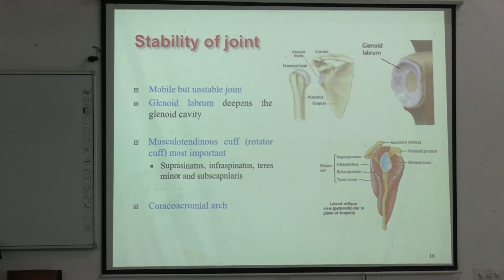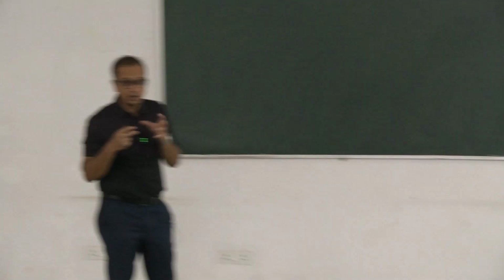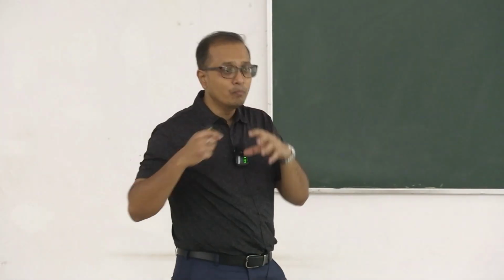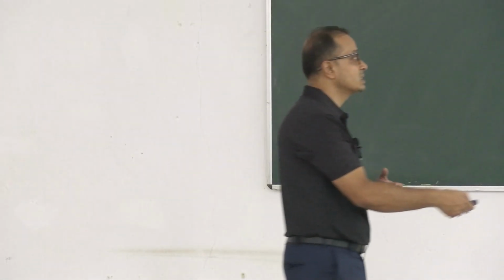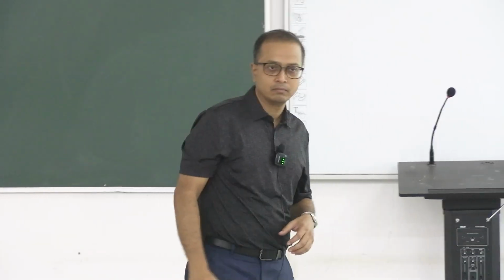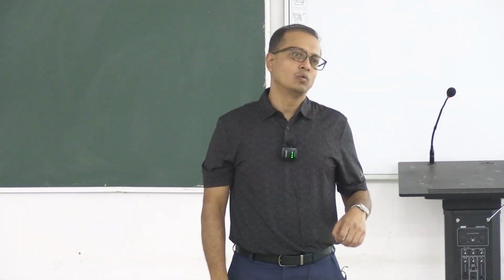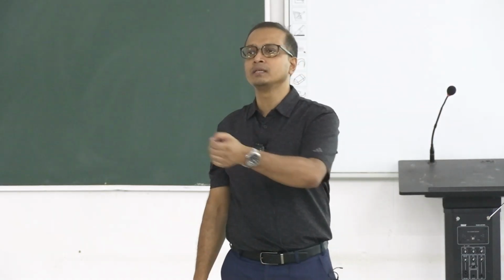In addition to that, the cavity of this joint is deepened by the labrum, so that the cavity becomes a little deep and gives some kind of mobile stability whenever we make a movement. So, these are the factors stabilizing the joint even though it is grossly unstable. Clear? So, the question comes to you: state the factors which stabilize the joint.